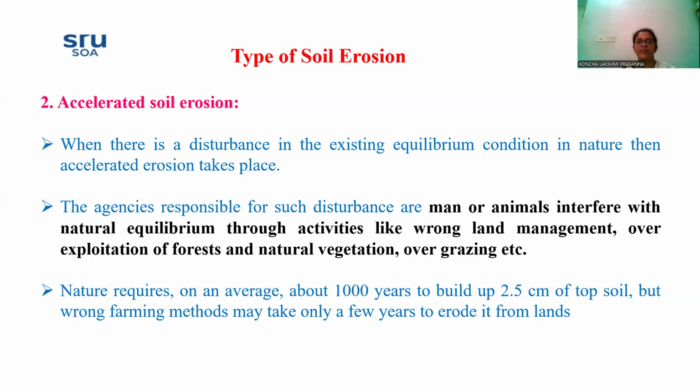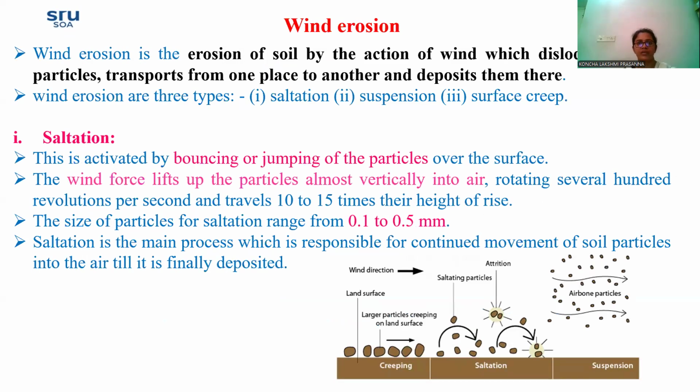The next aspect is the type of erosion. Here, in the type of erosion, first we are going to see wind erosion. Wind erosion is the erosion of soil by the action of wind, which dislodges soil particles from one place and gets them deposited in another place.